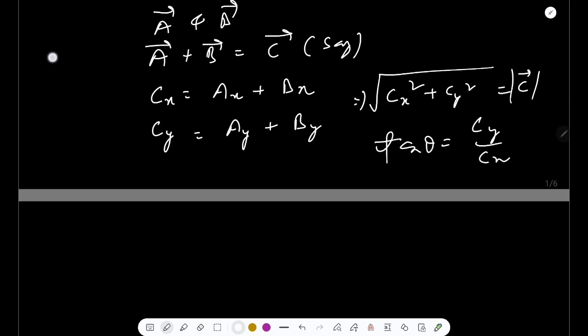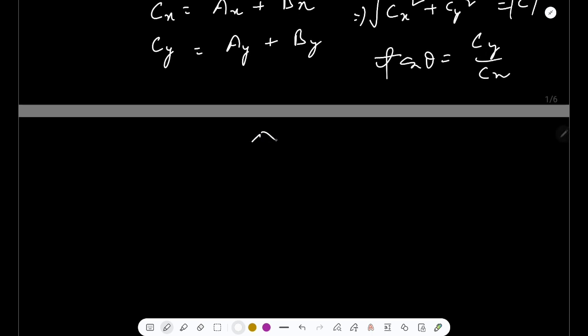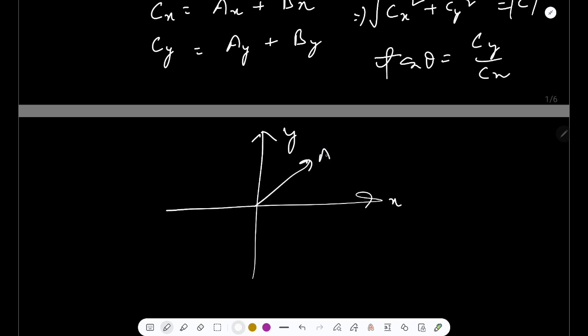But one thing should be clear here. When you use scalar components of a vector, you have to keep in mind that components are treated as coordinates when we work with a coordinate axis and components of vectors. That means, in the first quadrant, the x component should be taken as positive and the y component should be taken as positive if the vector lies in the first quadrant.